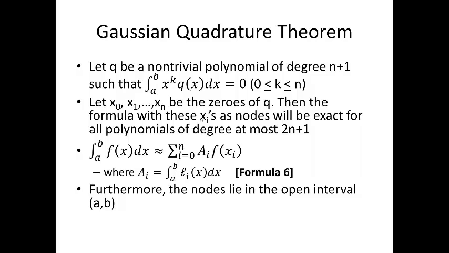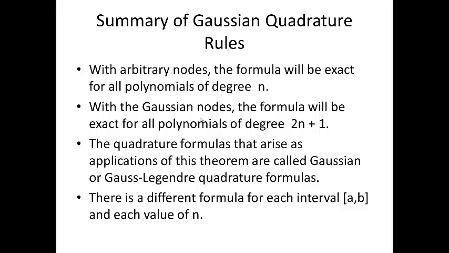Furthermore, the nodes are going to lie in the open interval ab, again, because that's where we're integrating over. So, as a summary, with arbitrary nodes, the formula will be exact for all polynomials of degree n. With the Gaussian nodes, the ones that Gauss discovered, the formula will be exact for all polynomials of degree 2 times n plus 1.